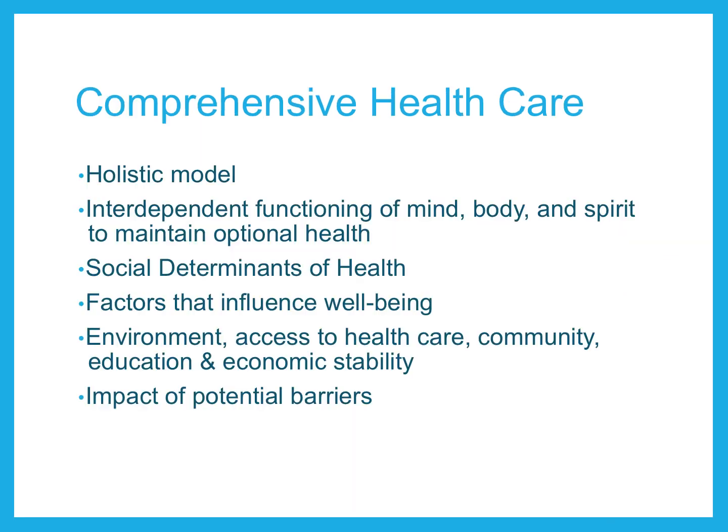When providing comprehensive health care, we're going to use a holistic model. A holistic model of health is thinking about the patient's mind, body, and spirit, emotional well being, social well being. It is looking at the whole picture for a holistic model of care. Nurses want to give holistic models of care, so we take care of all populations.